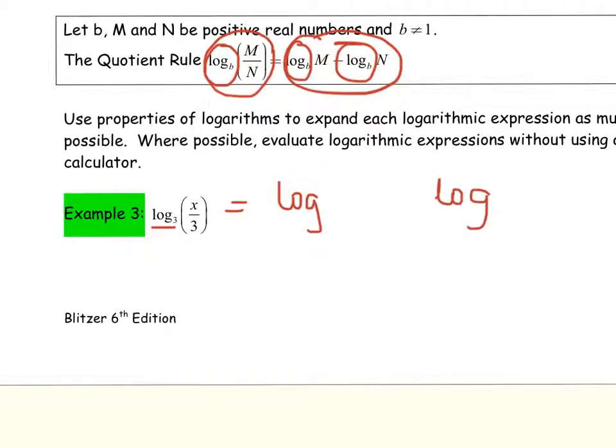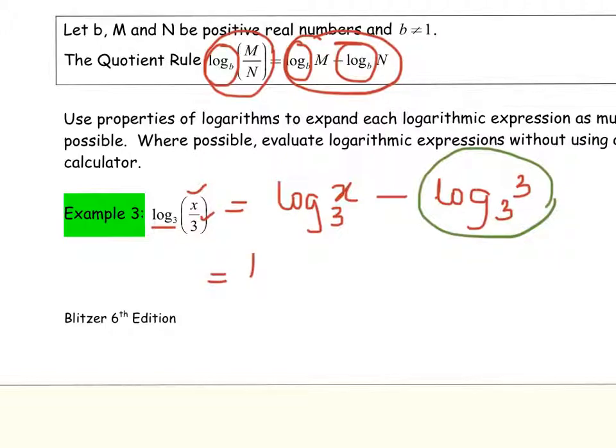Because it's division, it becomes minus. This is the x, this is the 3, to the base 3 and 3. The question is, can I simplify anything? Yes, this one can be simplified. So you go ahead and simplify that. Log x to the base 3 minus 1.